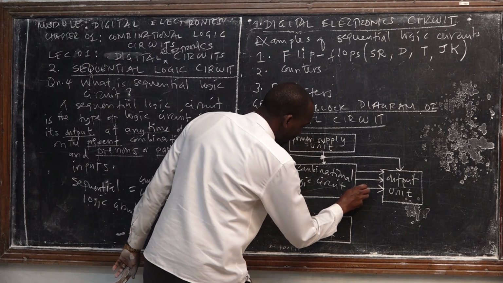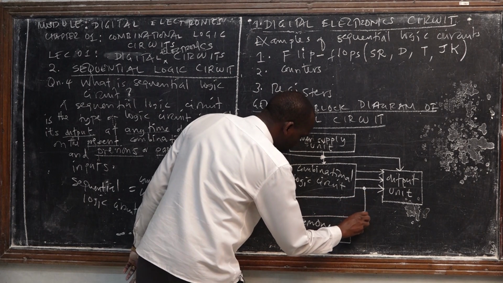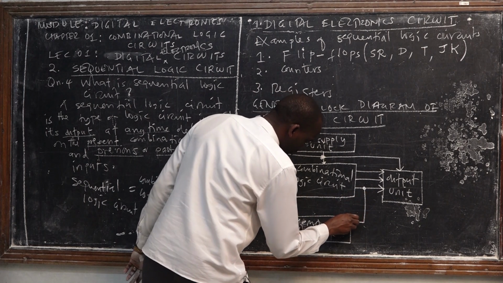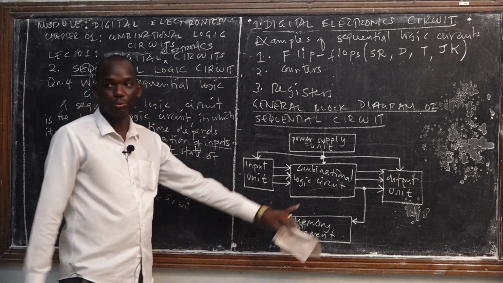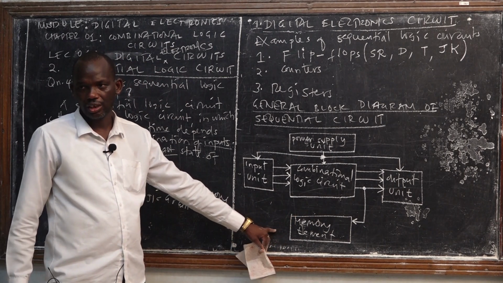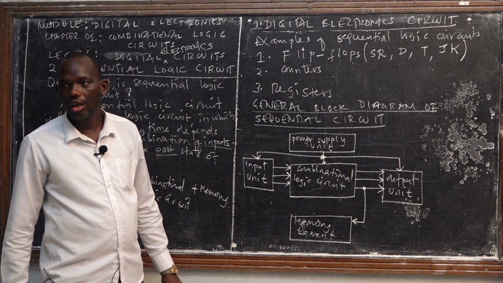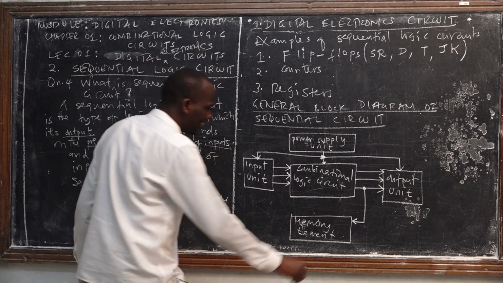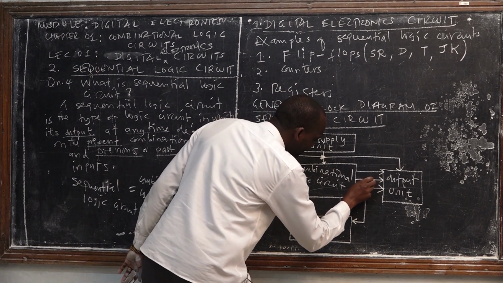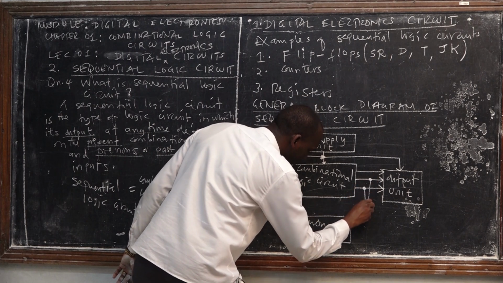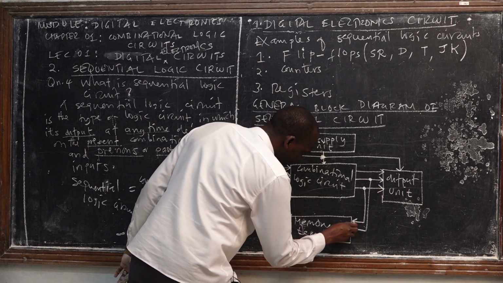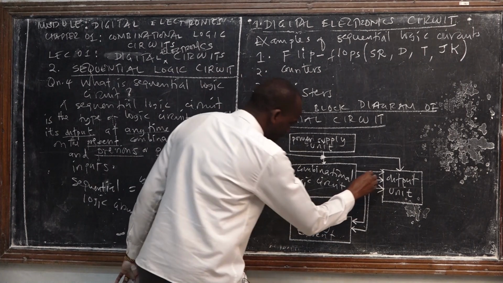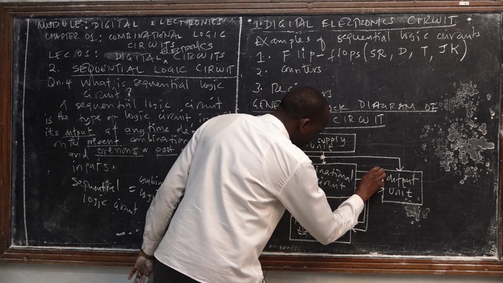So for the memory, this is the output. We take the feedback from the output, the memory element. Then we take the signal from here and feed our memory element. Then we can take feedback.